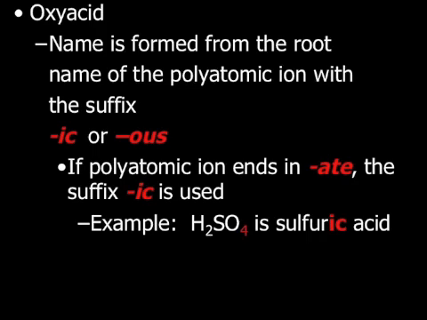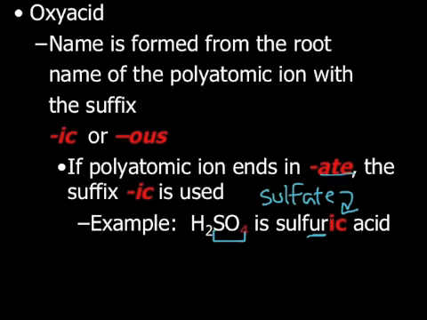SO4 as a polyatomic ion is sulfate, so ate becomes ic. Instead of just becoming sulfic, it goes back and adds the ur back in. There are a couple like that. So H2SO4 would be sulfuric.